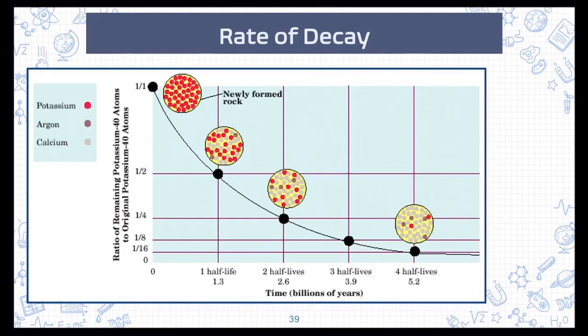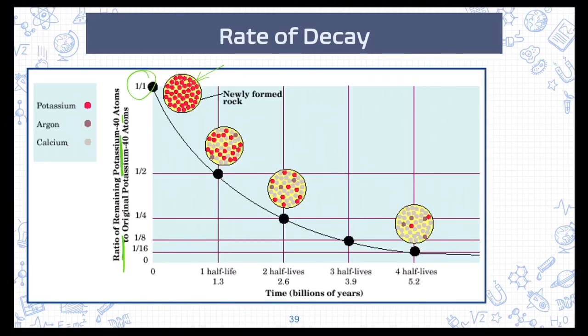Here's another graph that we can take a look at. So in this graph on the y-axis, you're shown a ratio of remaining potassium-40 atoms. So the potassium-40, 100% of it, or 1 out of 1, the total potassium is shown here in this picture as red dots.